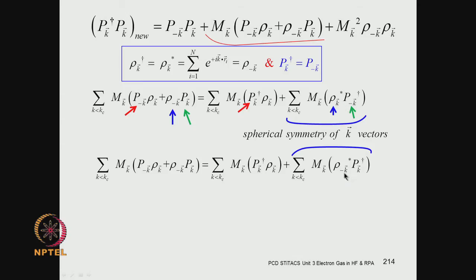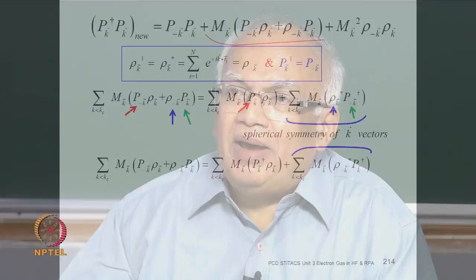So you can write this rho k star as rho minus k star and P minus k dagger as P plus k dagger, and that is because of the symmetry. M_k of course is symmetric because M_k is defined through the square of the magnitude, so it does not matter.